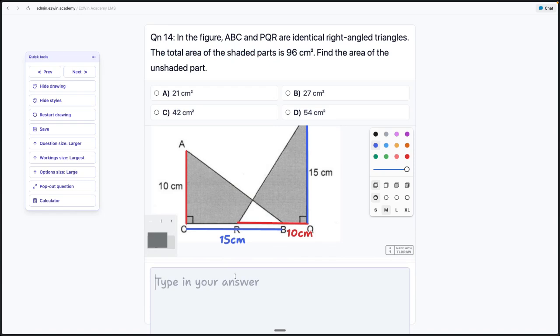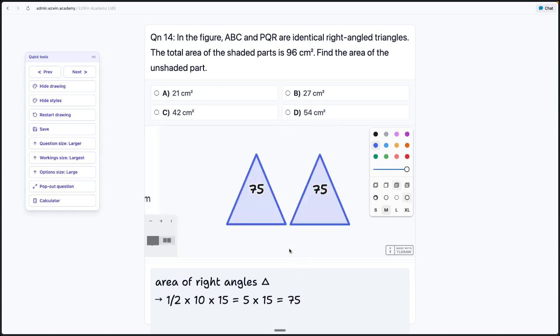So the area of the right angled triangle is equal to half times 10 times 15, so it's basically 5 times 15, which is 75. That's what we see over here, right? So now we know the area of the right angle triangle.